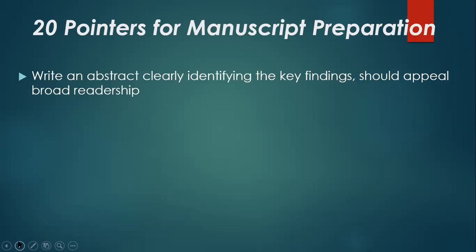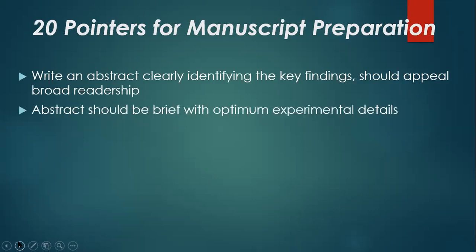So your abstract should pinpoint only the key findings of the entire manuscript, and it should also include an optimum amount of experimental details. So you can pinpoint one or two very significant and incredible results that have occurred from your data.